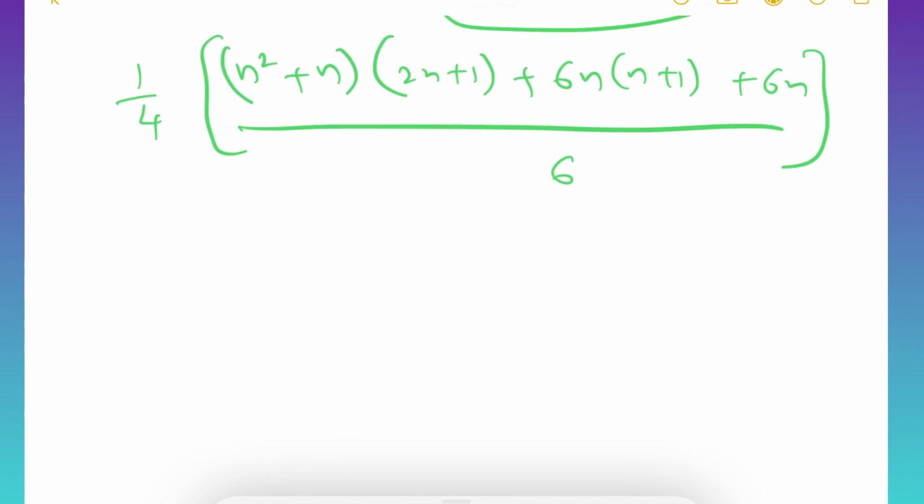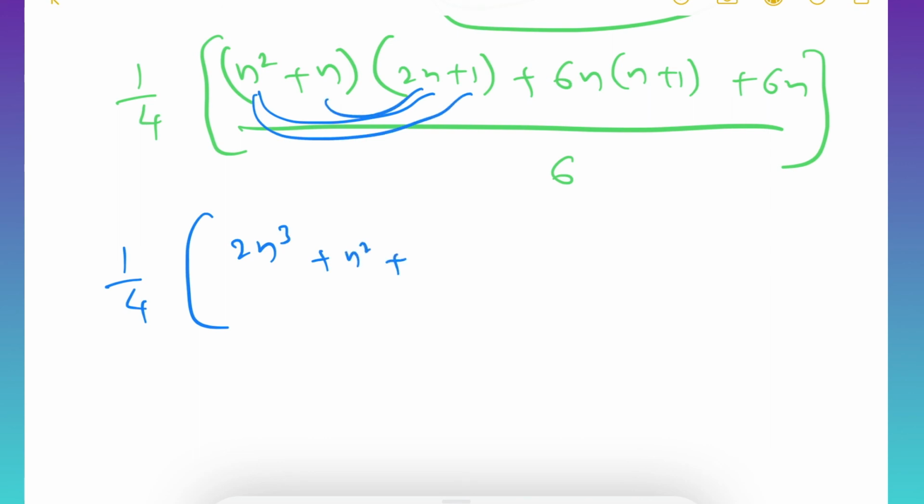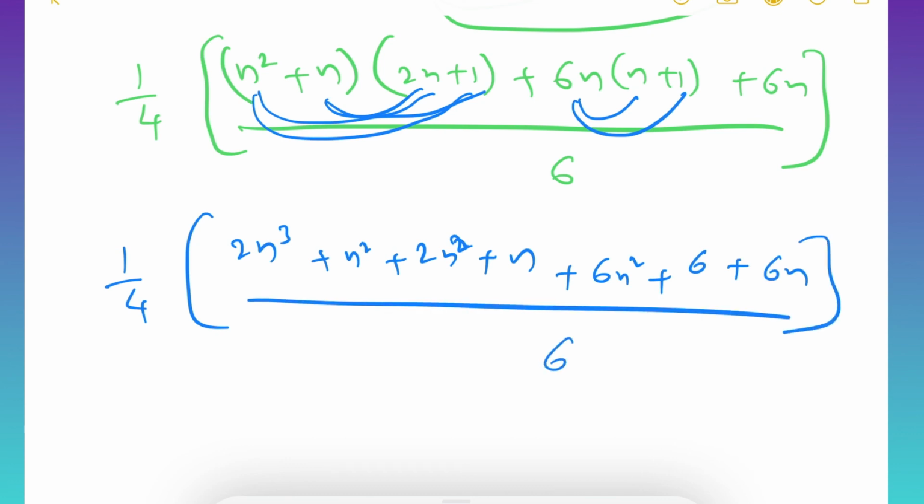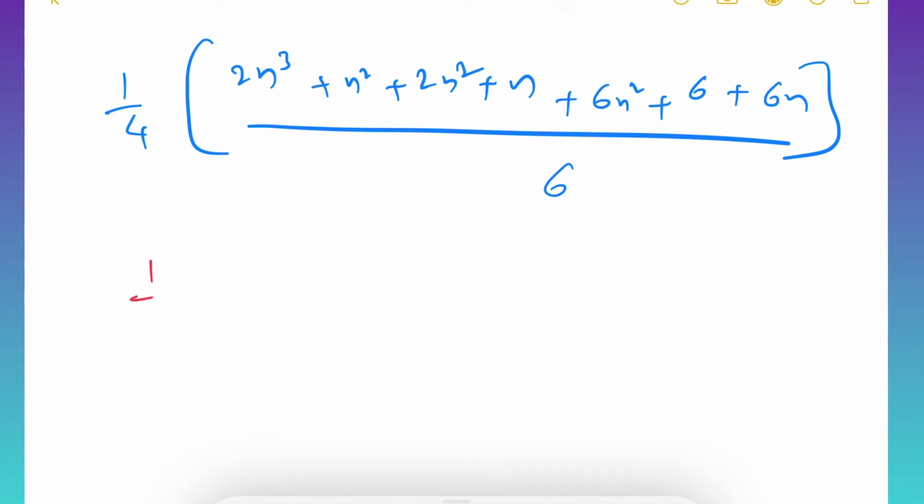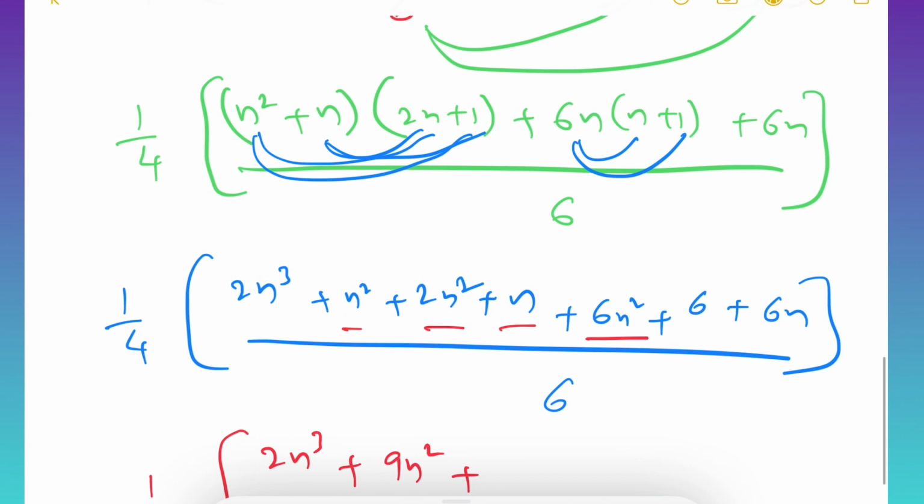Now let us still simplify this. 1 by 4 into [n square into 2n cube plus n square into 1, n square, plus n into 2n square, plus n into 1, n, plus 6n into n, 6n square, plus 6 into 1, 6, plus 6n as it is] whole divided by 6. 1 by 4 as it is into, here cube term only 1 is there, so 2n cube as it is, plus add all the square terms: n square plus 2n square is 3n square, 3n square plus 6n square is 9n square, plus add all the n's: n, oh sorry, 6n into 1 is 6n, right?